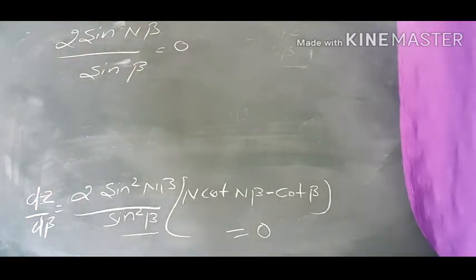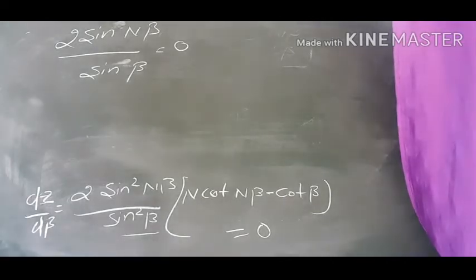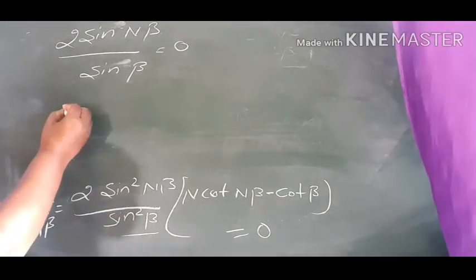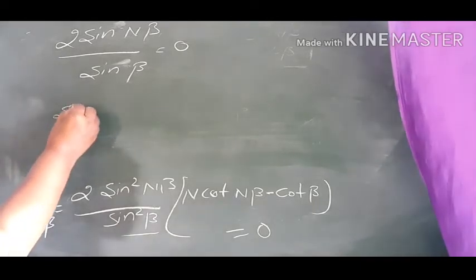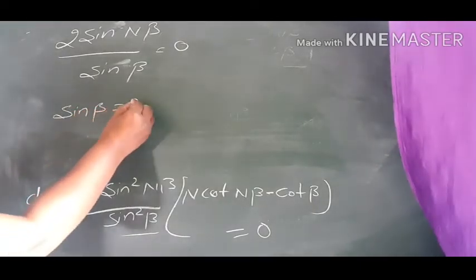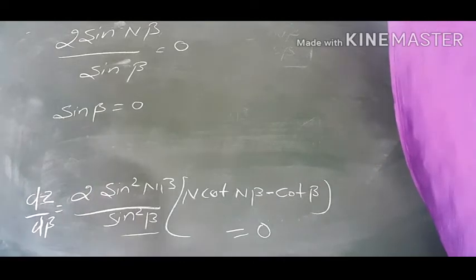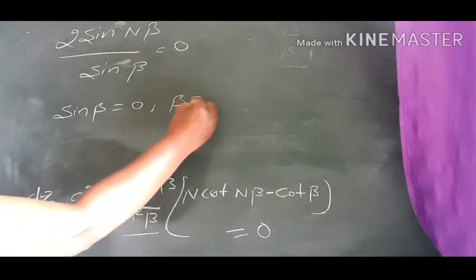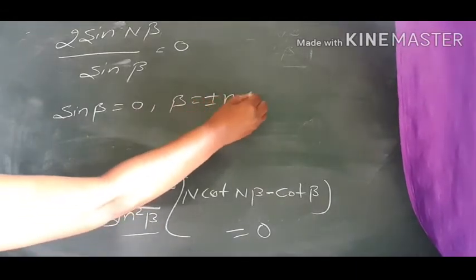Now the condition for the central maxima or principal maxima: if sine beta is equal to 0, then beta is equal to plus minus n pi.